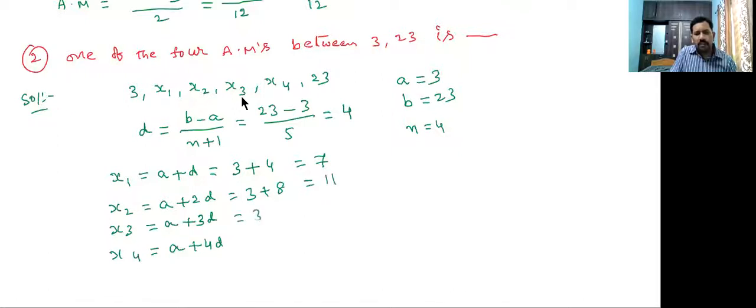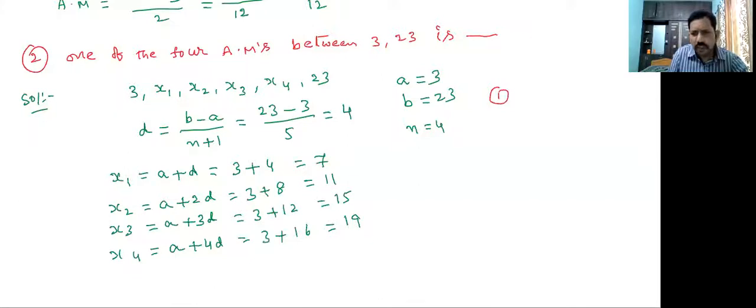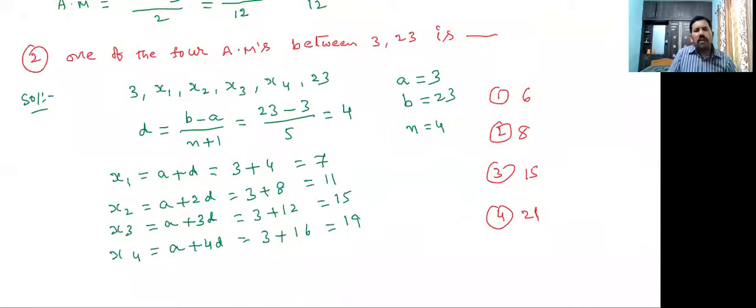Now 3 plus 4 threes are 12, we get 15. Next 3 plus 4 fours are 16, so 19. But they are given options. The first option is 6, second option 8, third option 15, fourth option 21. Which option is correct, students? One of the four arithmetic means is there in the options. I think the third option is correct.